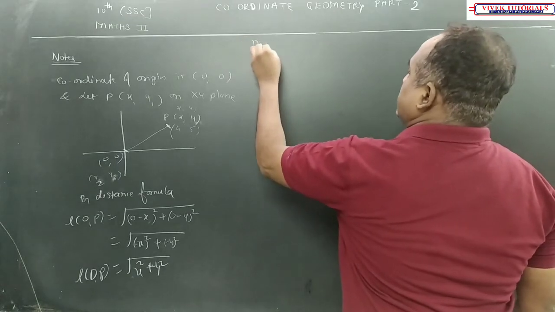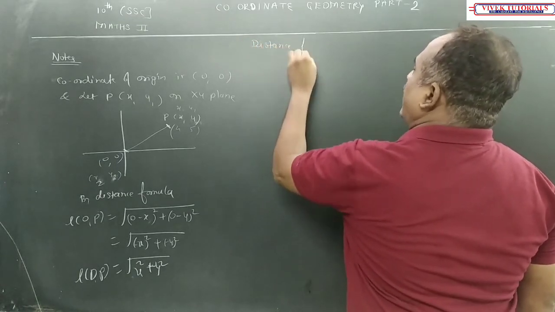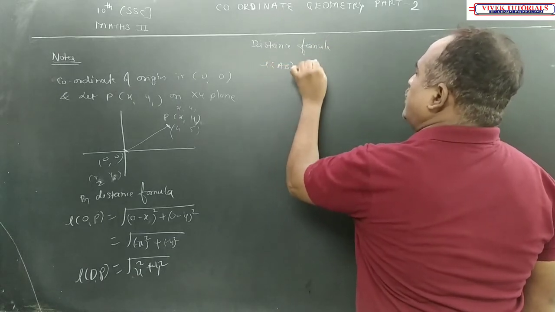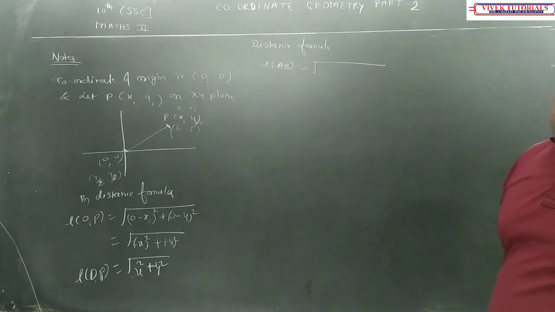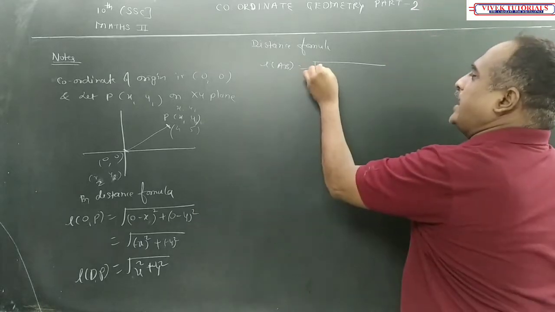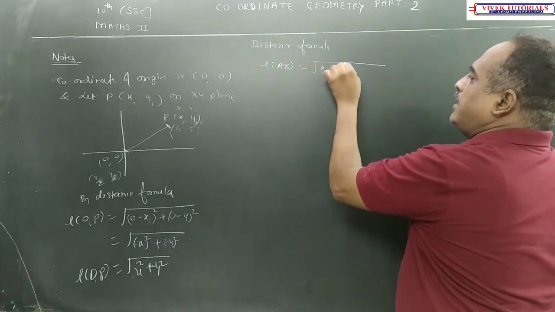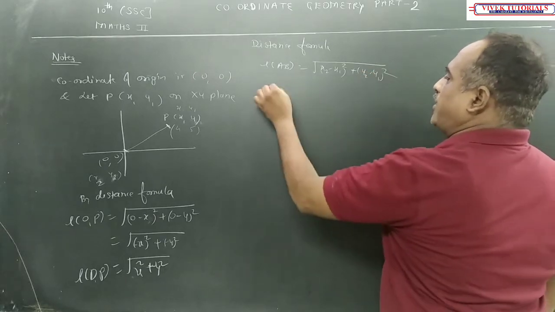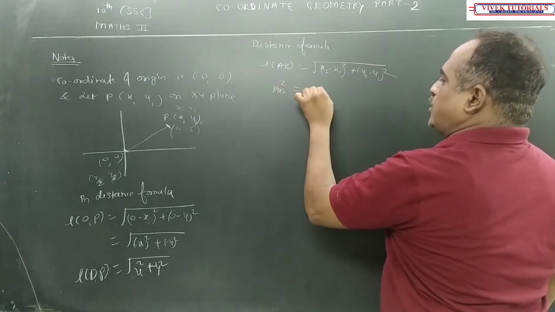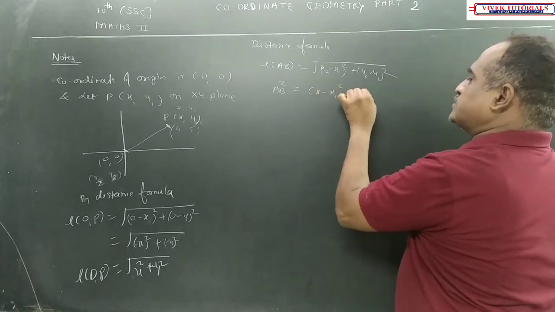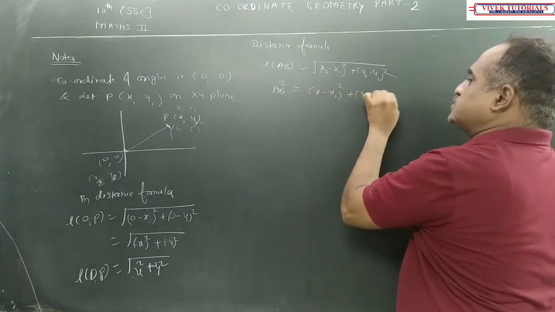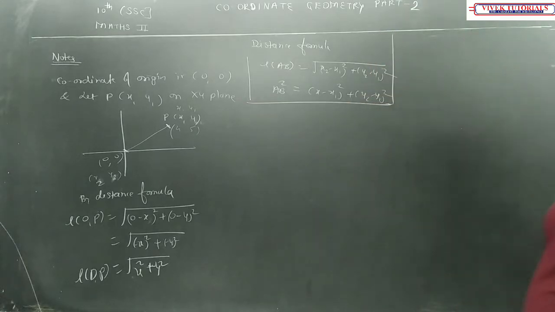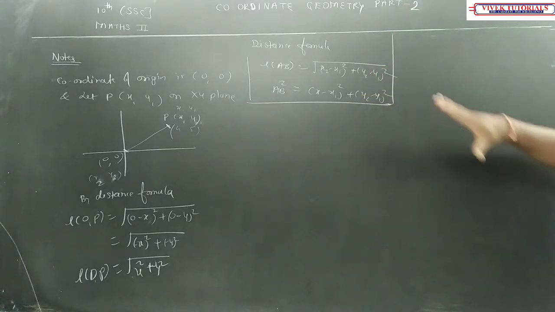And one more thing, the distance formula: distance AB is equal to root of x2 minus x1 the whole square plus y2 minus y1 the whole square, or AB square is equal to x2 minus x1 the whole square plus y2 minus y1 the whole square. This you have to remember. This is the very important thing. This is the revision.